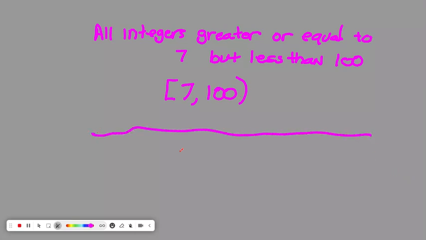Okay, the next notation is set builder. In fact, let's clear this out and I'll do it again. Change the color again on us. There we go. So, set builder notation, the third one.